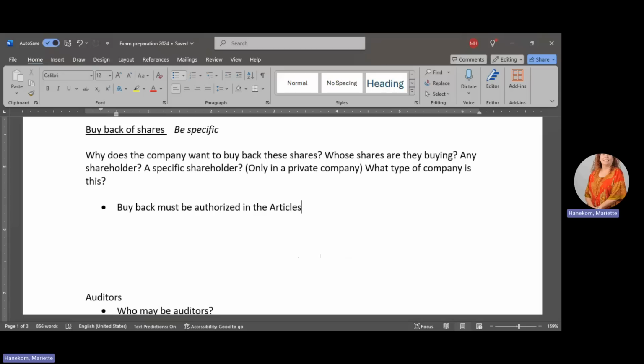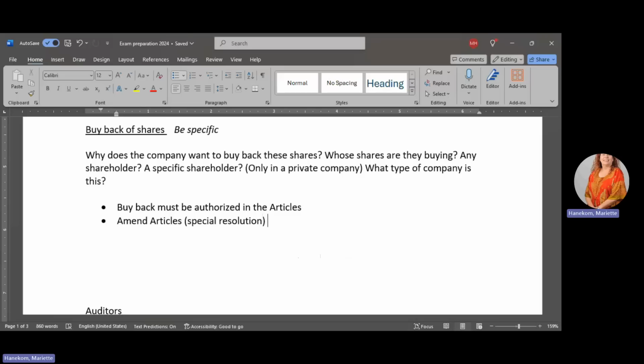If the articles do not permit the buyback of shares, you need to amend the articles by way of a special resolution. Special resolution is always required for any changes of the constitution of a company.